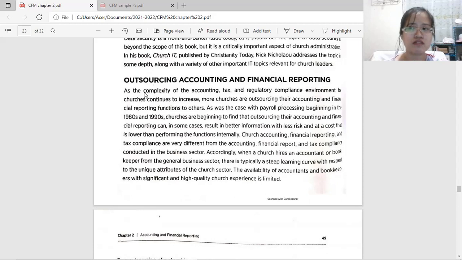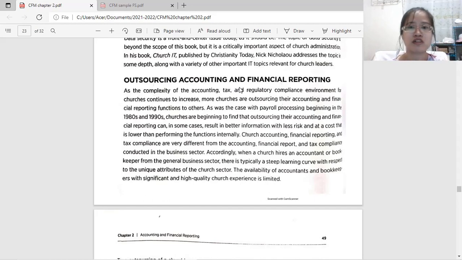At other times, medium and large organizations would outsource their accounting and financial reporting. So instead of having an accounting and finance department within the church, they outsource it to, let's say, an accounting firm or a payroll firm.